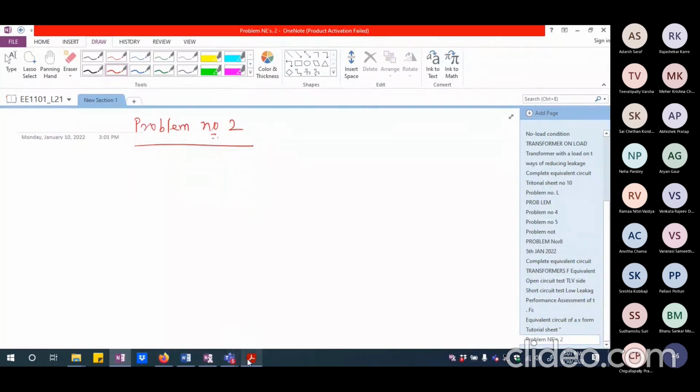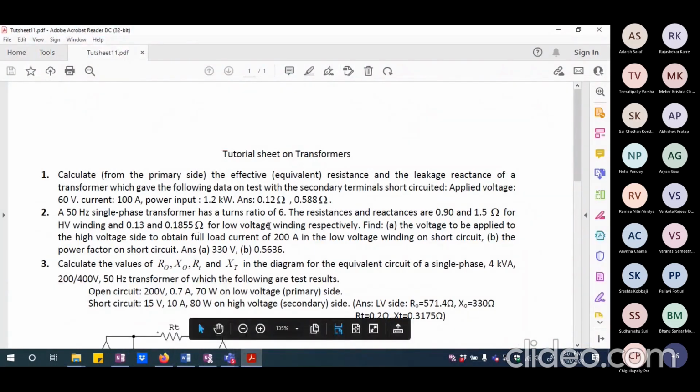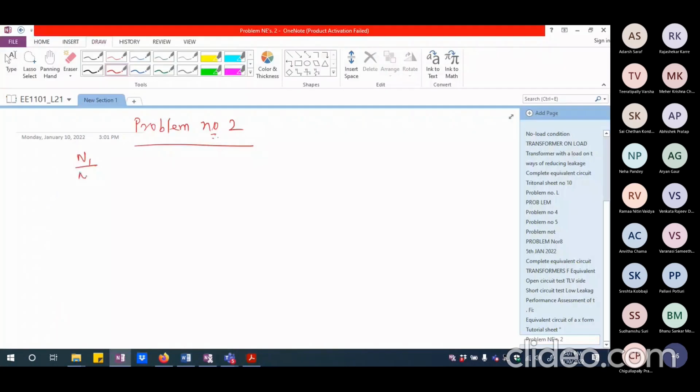So the problem number 2, turns ratio is 6. So let me say N1 by N2 is 6, and I have the values here also, rather than repeatedly looking at it. So high voltage side, the values are given: resistance is 0.9 ohm and reactance is 1.5 ohm.